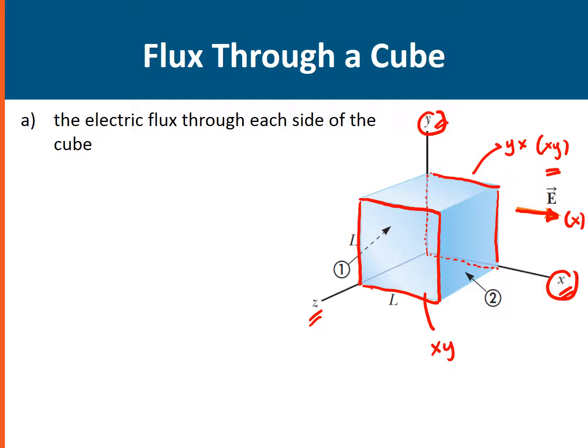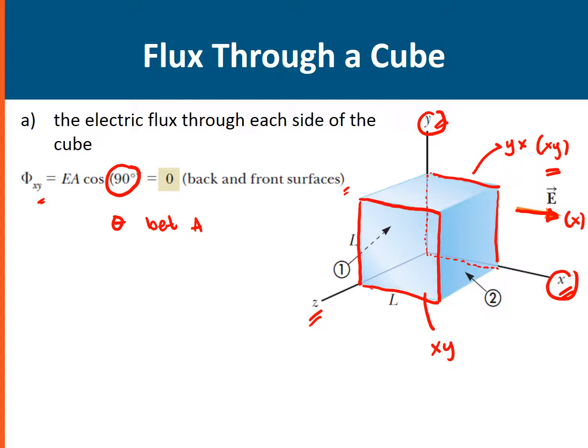So if we're going to put that into an equation, the electric flux on the xy plane is just equal to zero because of this angle here. It's 90. Remember, theta is the angle between the area vector and the electric field.